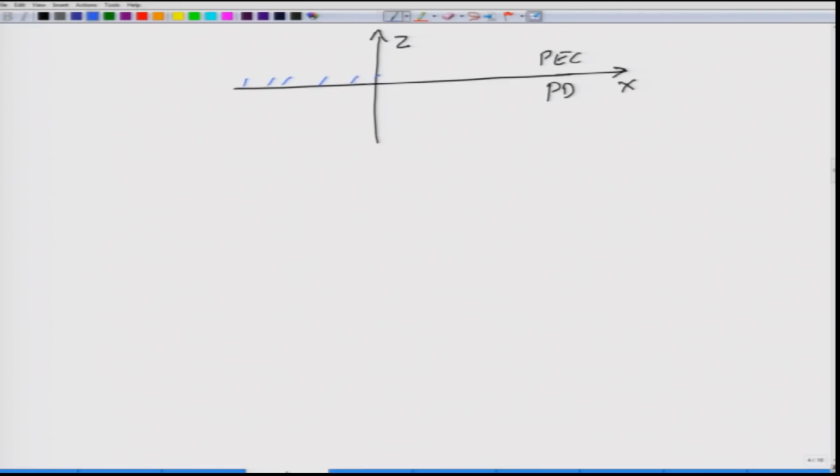And now what I consider is not an electric field, I actually consider a wave propagating along the direction of z in medium 1. So, let us say the medium 1 has a certain refractive index or equivalently the relative permittivity. PEC of course simply means that sigma is set to infinity.